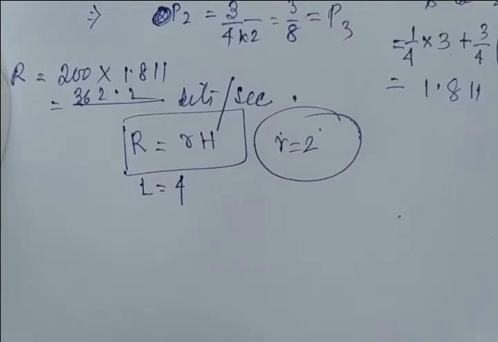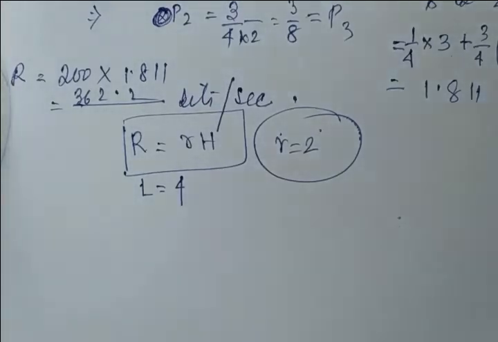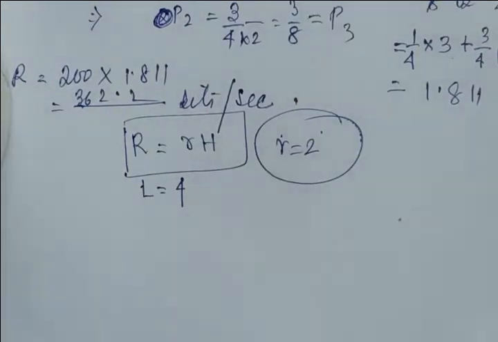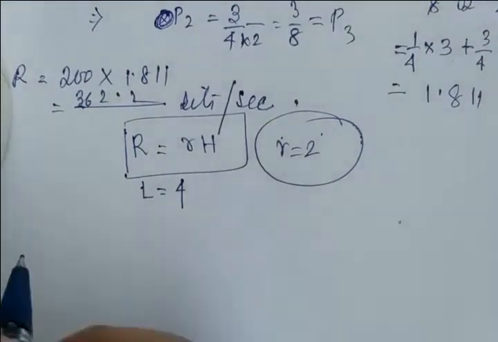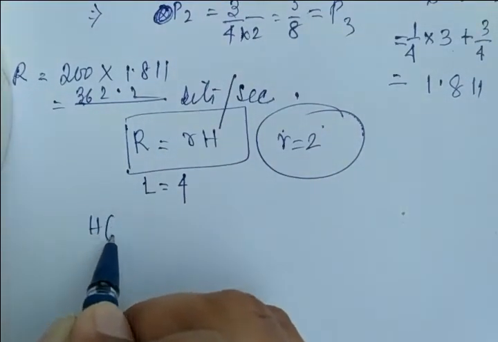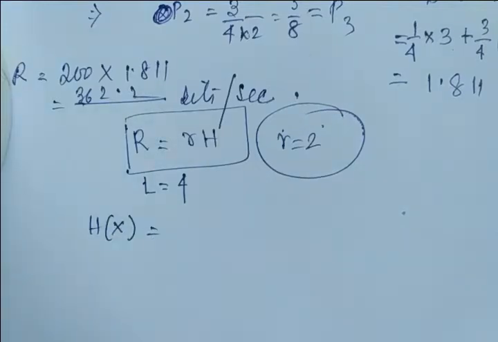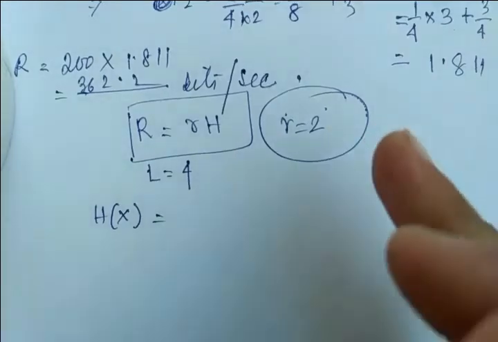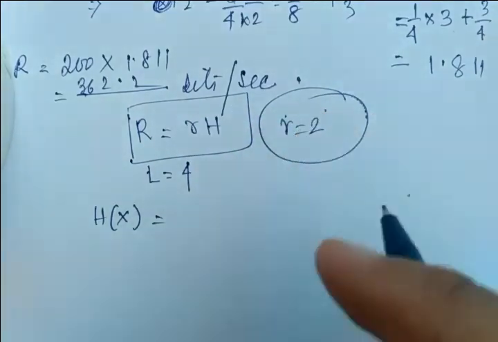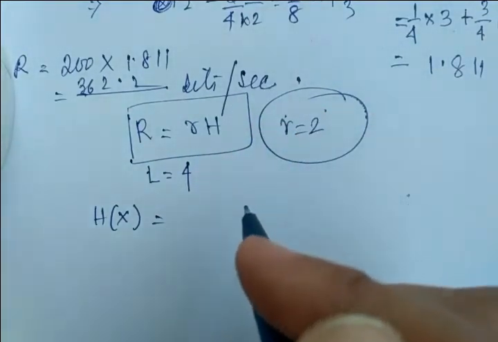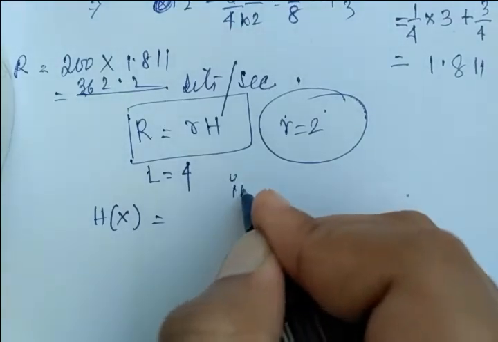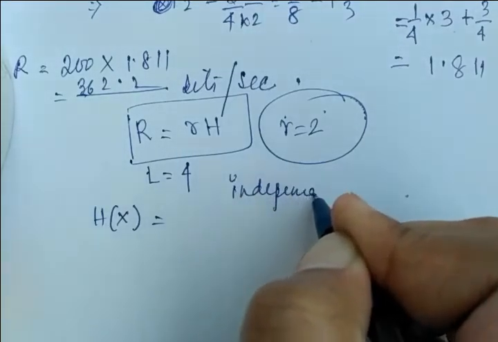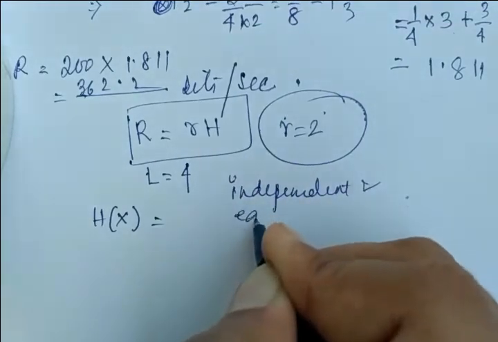So how can we calculate that? By a simple formula: H(X) equals sum of pi log 2 1 by pi. Here there are 4 symbols, because there are 4 levels, and the 4 symbols are independent and equally probable.